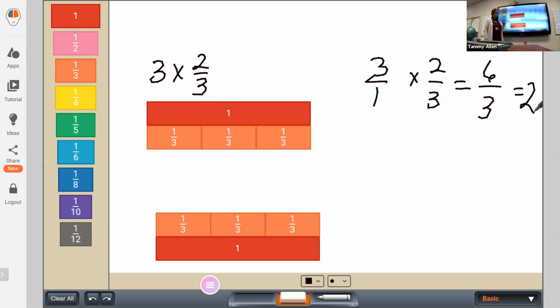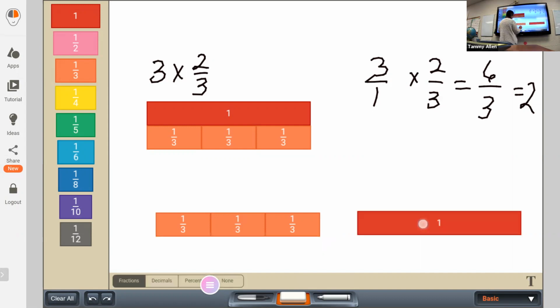Does that make sense? Now, if you were needing to show me this in a screenshot, this right here doesn't show me the whole picture, does it? I didn't see 3 groups of 2/3. So if you were to do this for a screenshot, you would have to do 2 separate pictures.